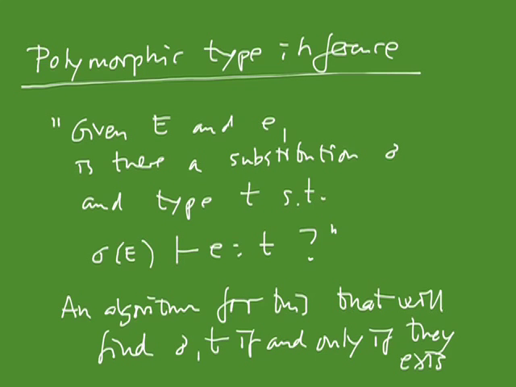So the algorithm is sound in the sense that if the algorithm comes up with a sigma and a T, T is the type of E and sigma is a valid substitution. And conversely, if there is a T and there is a sigma, the algorithm will find it.